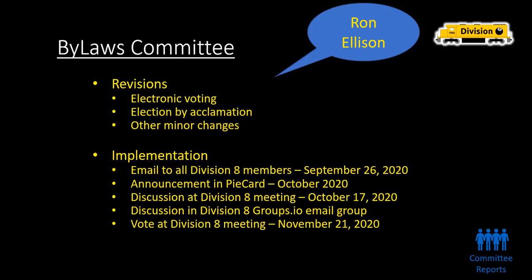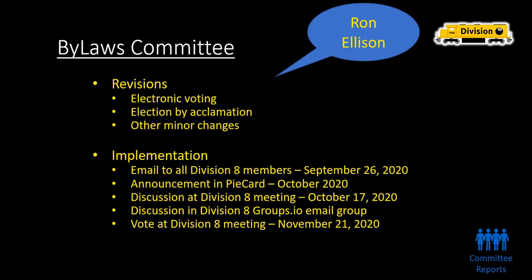The primary revisions to the bylaws were to allow electronic voting via email, normally via Election Buddy or another software similar to Election Buddy, and also votes by acclamation, meaning if there's a single candidate or the whole slate of candidates are running unopposed, we can declare the election by acclamation.